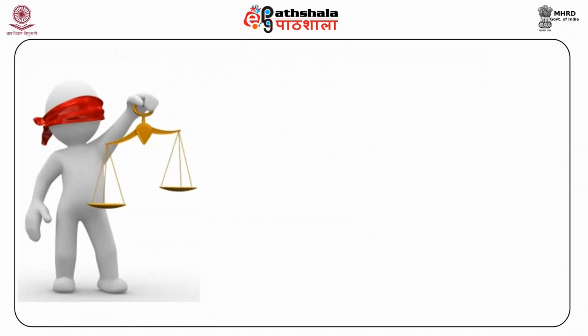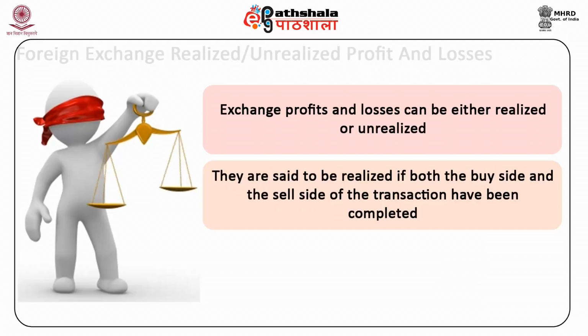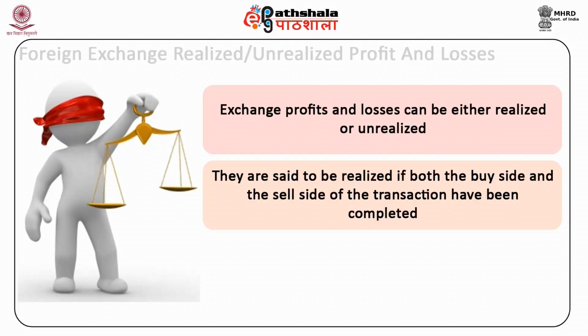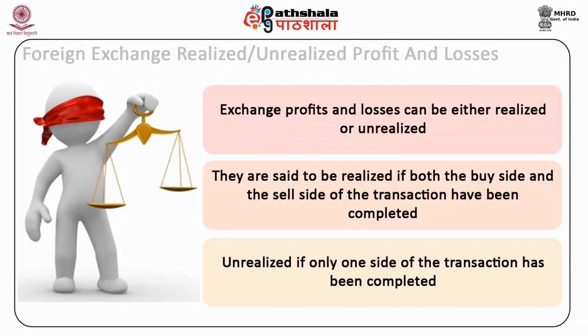Lastly, we will talk about foreign exchange realized or unrealized profits and losses. Exchange profits and losses can be either realized or unrealized. They are said to be realized if both the buy side and the sell side of the transaction have been completed, and unrealized if only one side of the transaction has been completed.